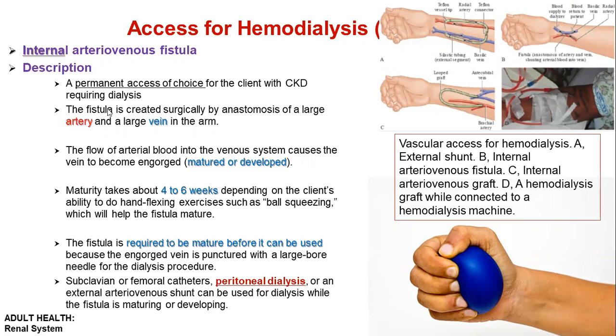The fistula is created surgically by anastomosis of a large artery and vein. And as I told you, usually we use the cephalic vein. The flow of arterial blood into the venous system causes the vein to become engorged, mature, or developed to work.